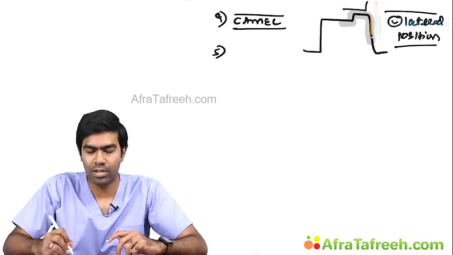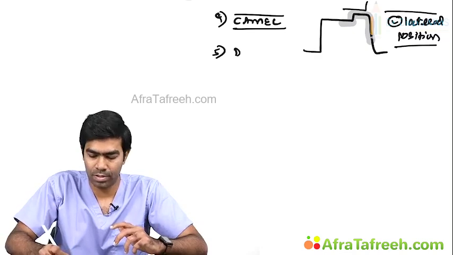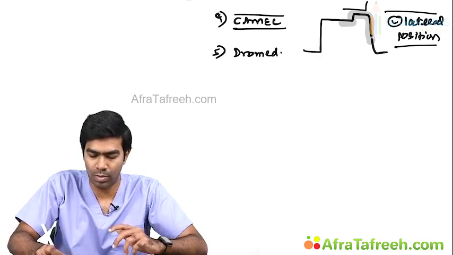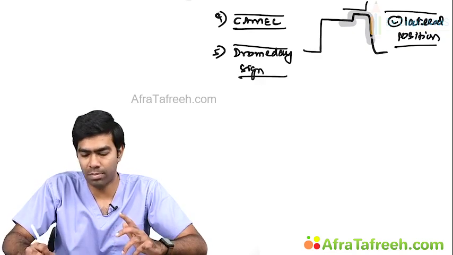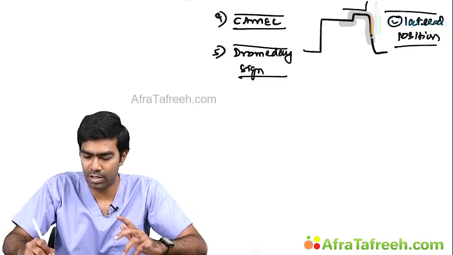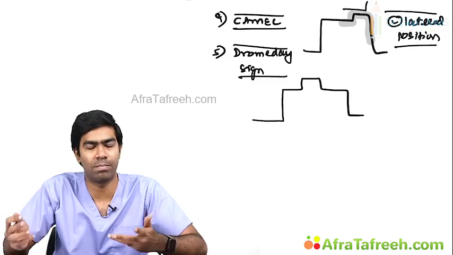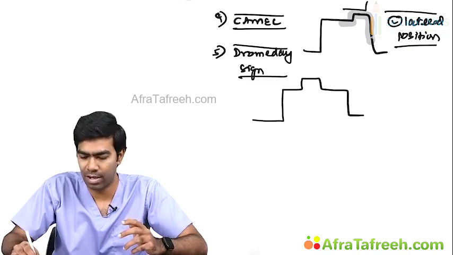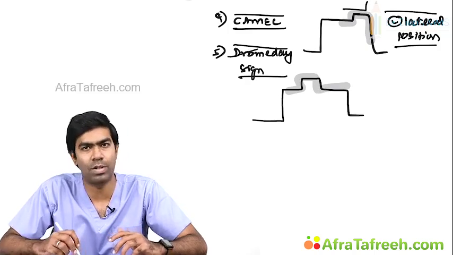Then number 5, you have the dromedary sign. Dromedary sign is also like a camel hump, but it has a mid hump, not in the terminal phase of the alveolar plateau. They will have a hump in the middle of the alveolar plateau. This is what we refer to as the dromedary sign.